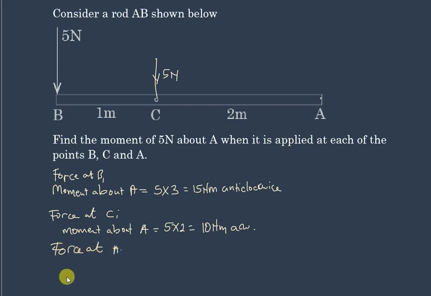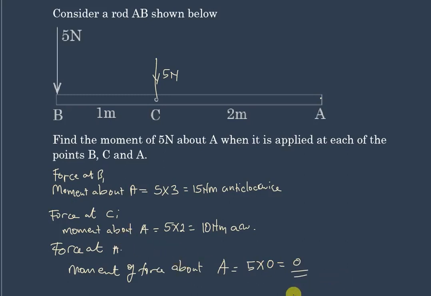Then when the force is at A, the moment of the force about A is equal to force times distance. You realize that the perpendicular distance of the 5 Newton force about A is this time equal to 0. So we simply have 5 times 0, which is equal to 0.